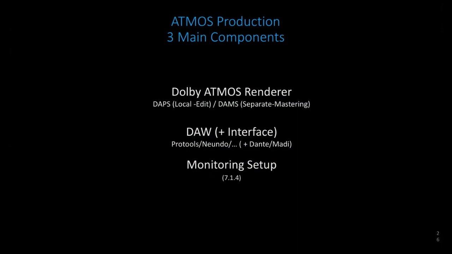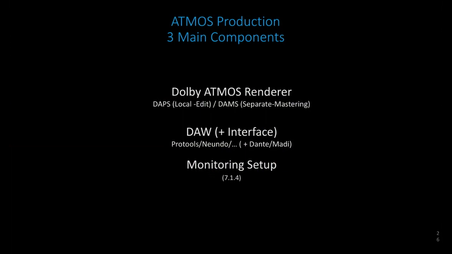And last but not least, some form of a monitoring setup. We recommend something like a 7.1.4 for content with picture, but with music, maybe 5.1.4 is enough, or maybe 5.1.2 is enough. But for stuff with picture and video, usually we just recommend 7.1.4.